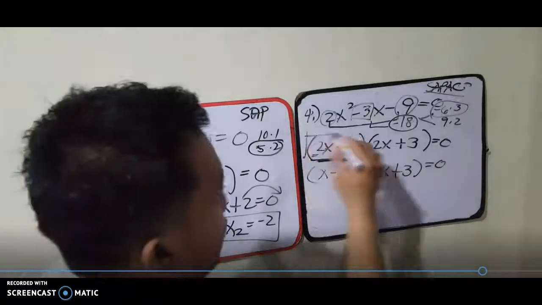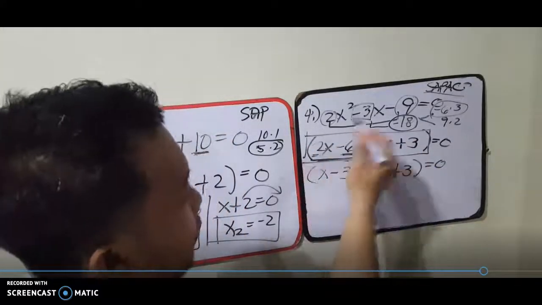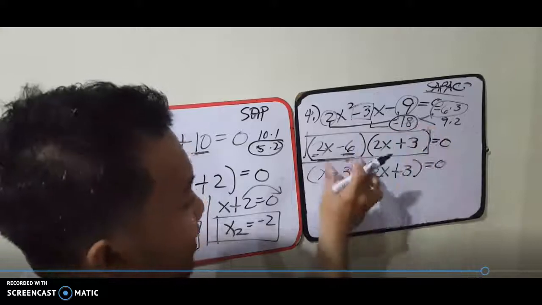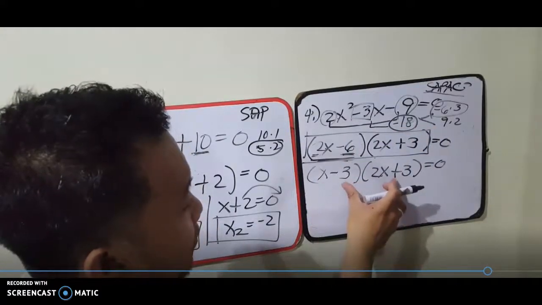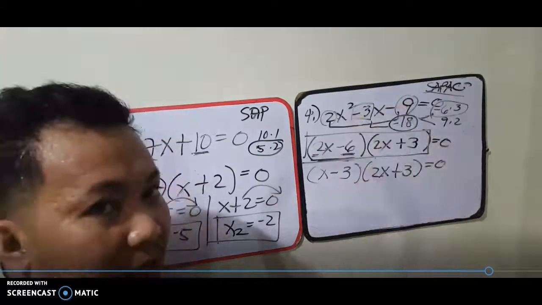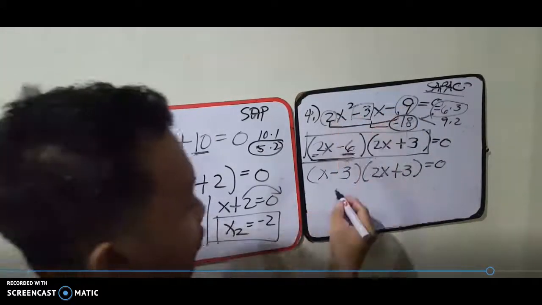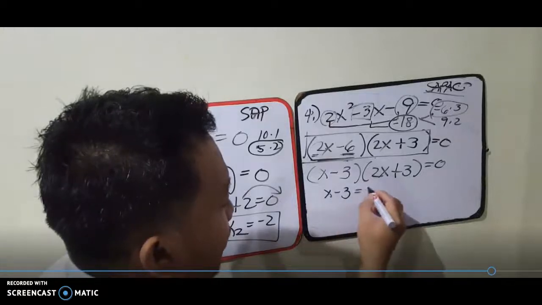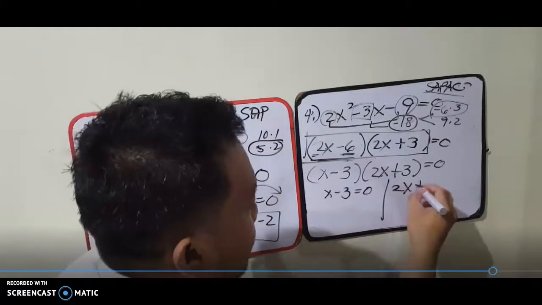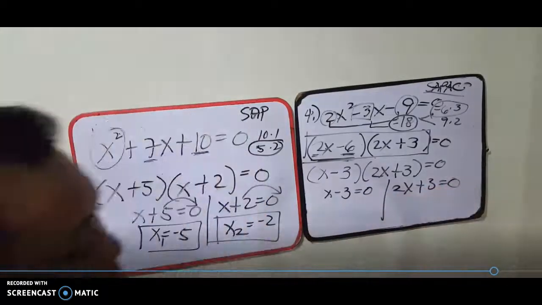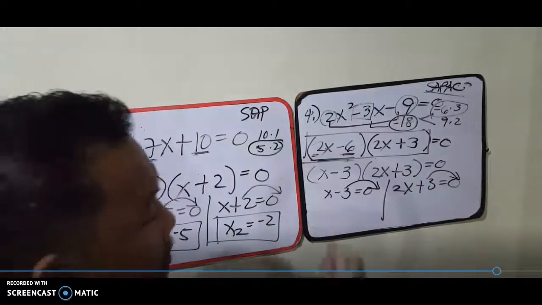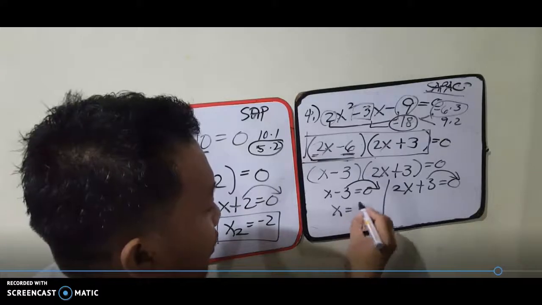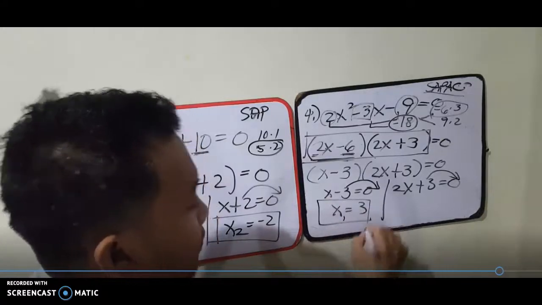If we make use of the unsimplified factor, it will not be equal to the original. Unless we simplify it to x minus 3, then when you find the product of these two, it will be equal to the original. Then zero product property: x minus 3 is equal to 0, then 2x plus 3 is equal to 0. Move the 3 to the right side. Then we have x is equal to 3 as the first solution.